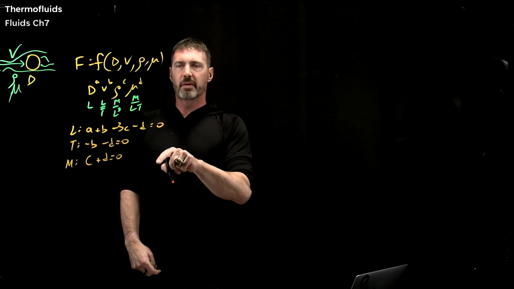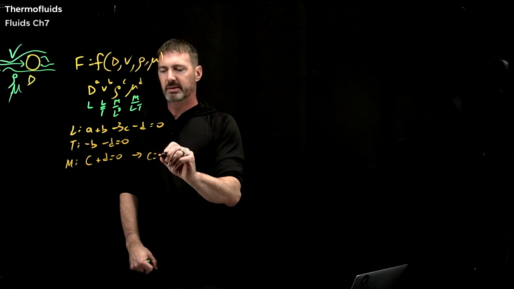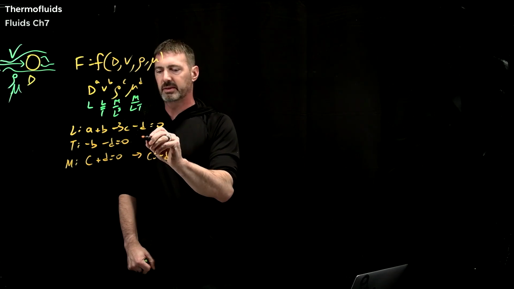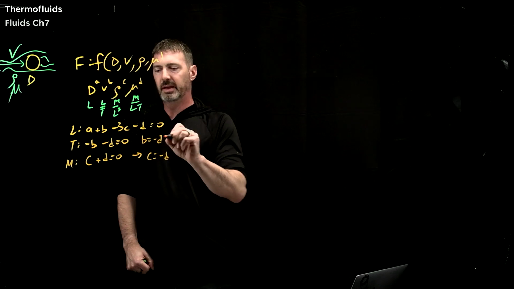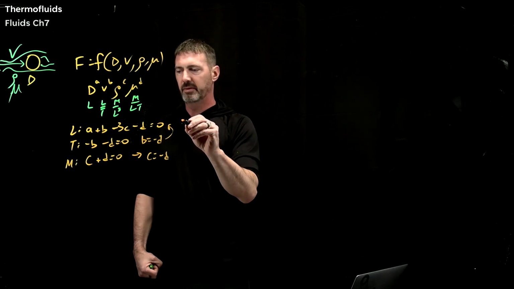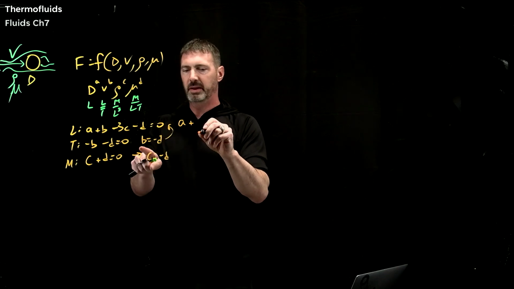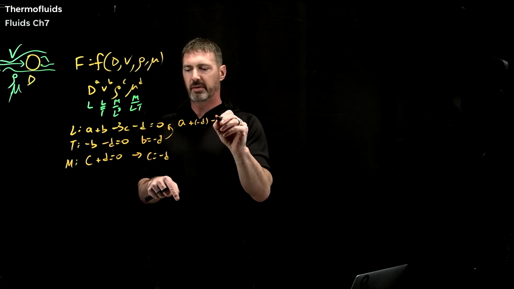Well, I can turn this around and say c is equal to minus d. I can turn this into saying that b is also equal to minus d. And so I can shove that back into this equation, and then you'll have a plus b. Well, that's a minus d, minus 3c.